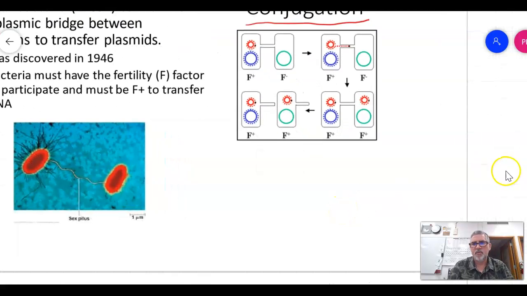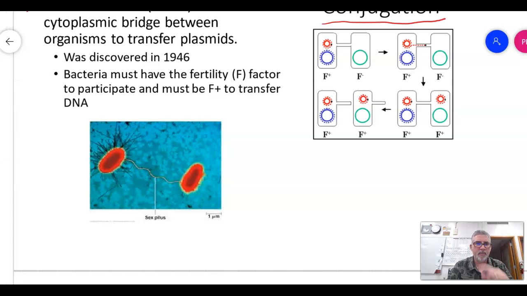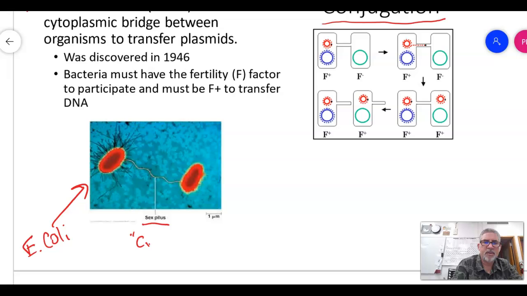Remember, E. coli is a bacillus, so this is E. coli on the left. E. coli can form what's called a sex pilus, which is essentially a cytoplasmic bridge, and when it forms that bridge, it can transfer plasmids from one organism to another.